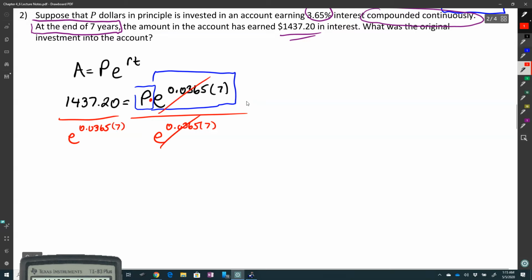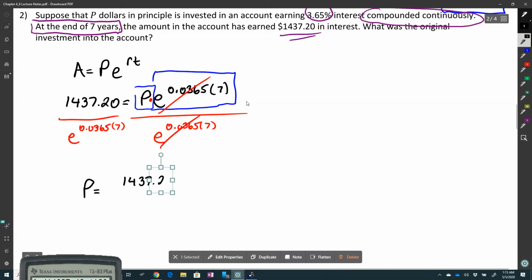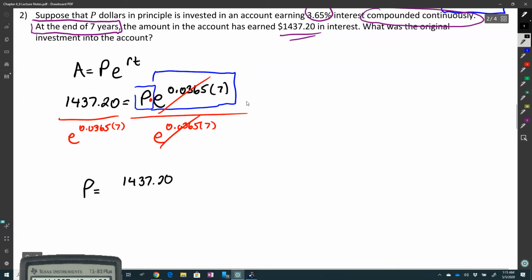And those cancel, and you get P is equal to 1437.20 over e to the 0.0365 times 7.